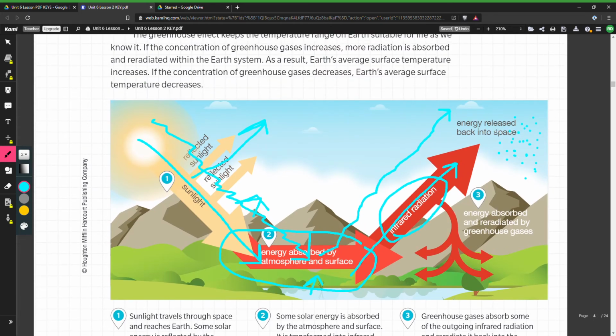Certain particles do that more than others. We talk about CO2 a lot because CO2 absorbs lots of the energy. Methane absorbs lots of energy. And when you have more of those gases in the atmosphere, it can hold in more energy.